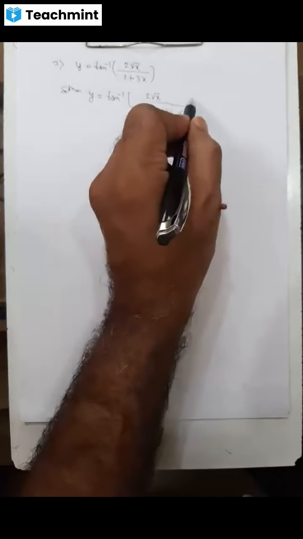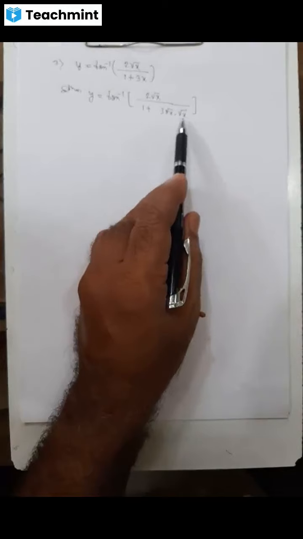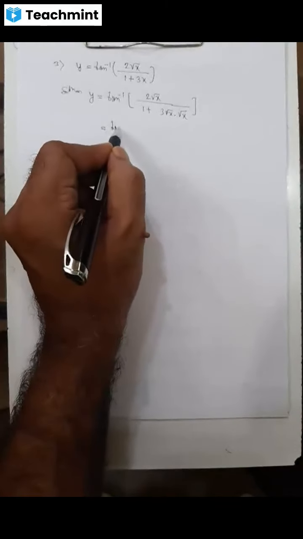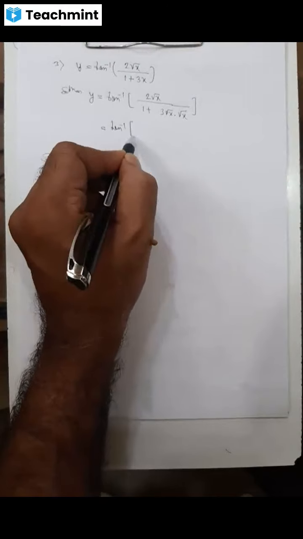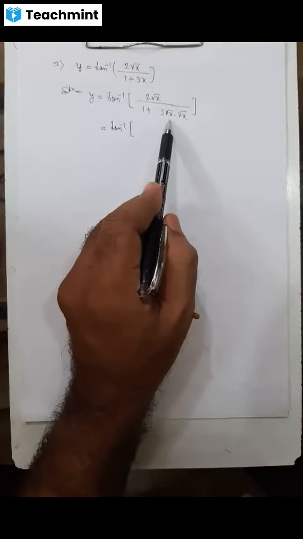Here 3 is written as it is, and root x into root x means x. In this next step we have factorized 3x as 3 root x into root x.